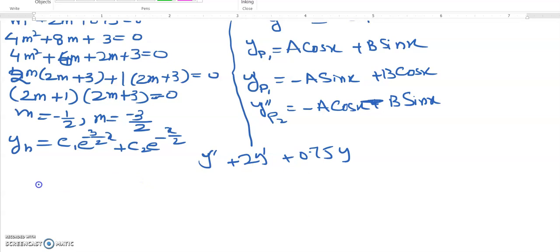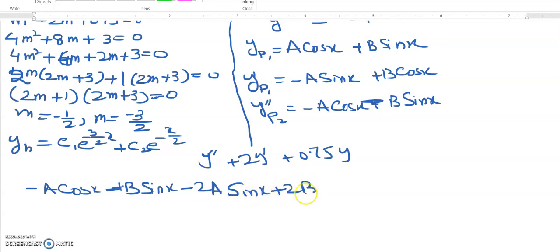So this will be equal to: the y double prime value, which was minus a cosine x minus b sine x, and then the y prime value, which we have to multiply by 2, so it will be minus 2a sine x plus 2b cosine x.